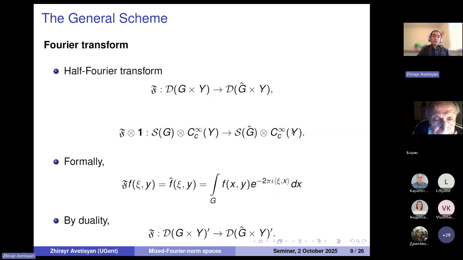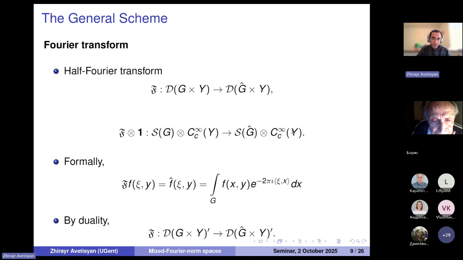All right, and then we define what we call the half Fourier transform, which basically takes a test function and performs a Fourier transform in the first group variable only. We know very well how to perform a Fourier transform of a function living on an abelian Lie group, right?